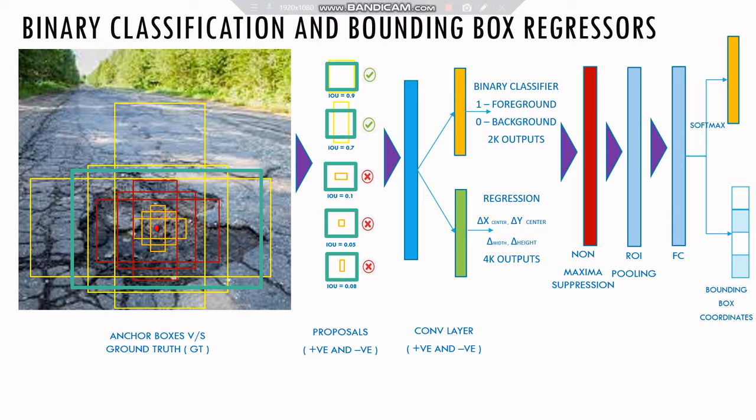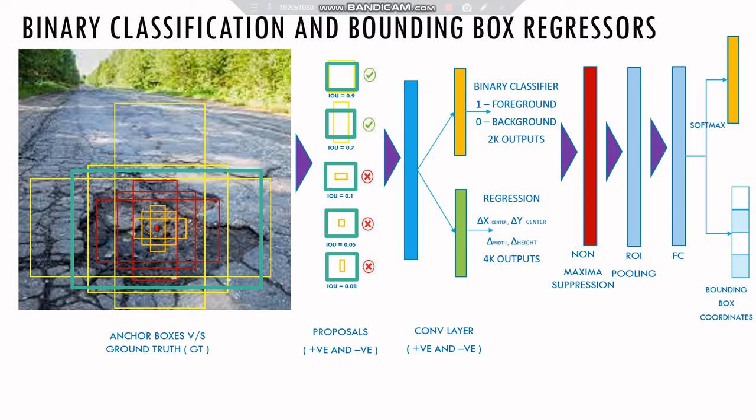On the feature maps we apply the region proposal network. In the region proposal network there is this concept of anchor boxes, these 9 different anchor boxes over the region, and then you also derive the intersection over union, which we saw in the previous slide.